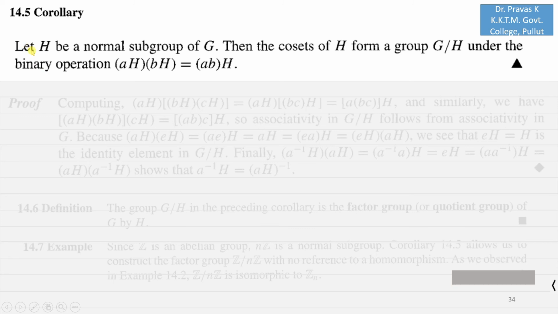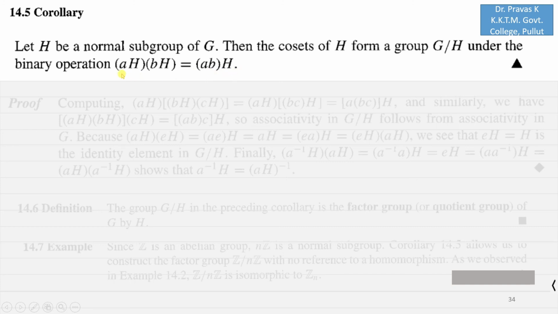Now, without much effort, we prove a corollary. Here, let H be a normal subgroup of G, and we need to prove that G over H forms a group under the binary operation aH times bH equal to abH.